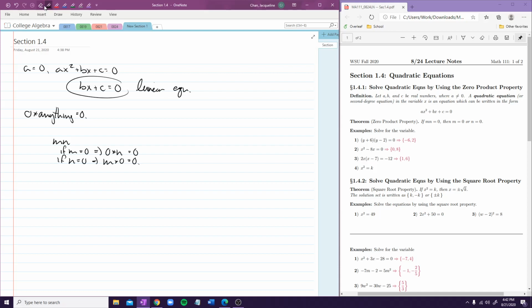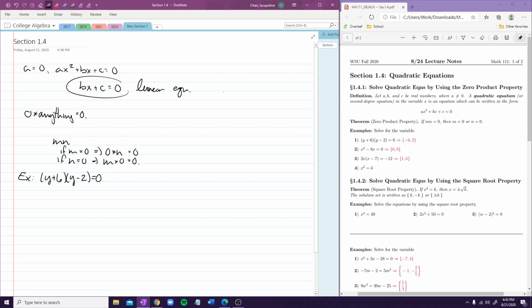So let's do some examples. For the first example, I'm given y plus 6 times the quantity y minus 2 equals 0. Actually, before we do this example, I do also want to say that a quadratic equation in the variable x is ax squared plus bx plus c.